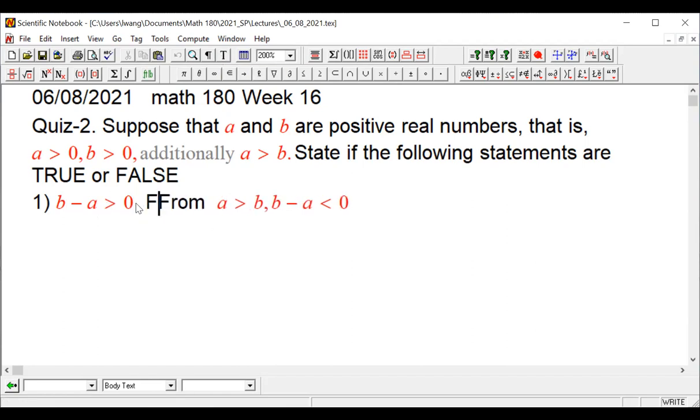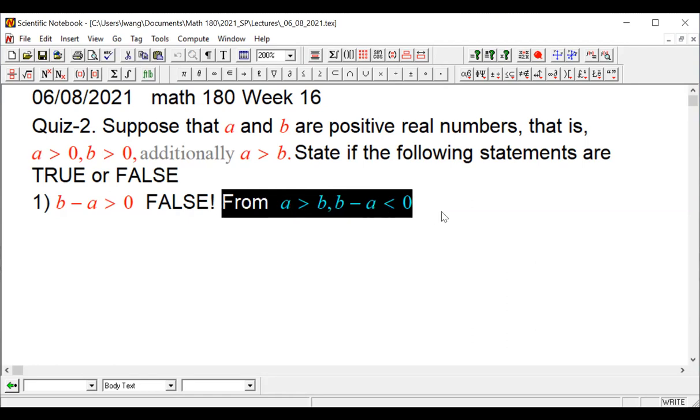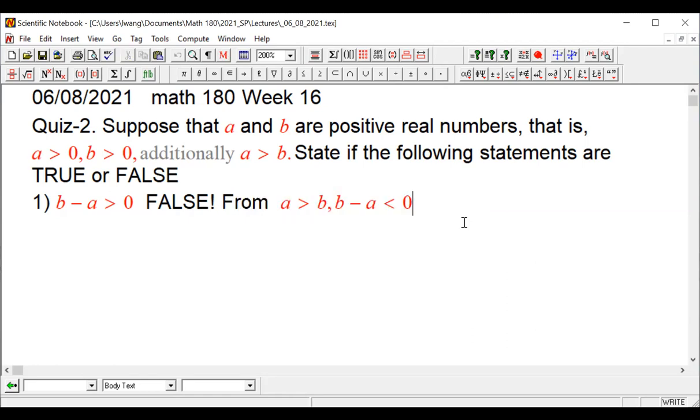It is false, because from what's given, A is larger than B, therefore B minus A is less than 0. Does that make sense?